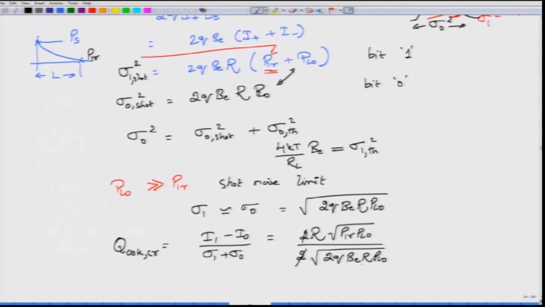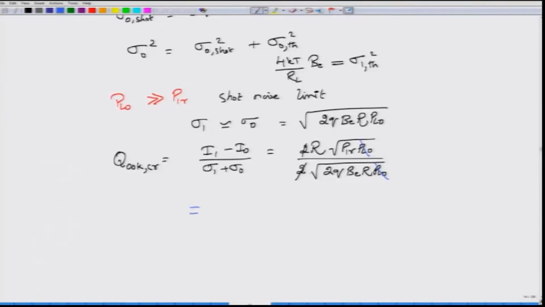You can clearly see that there is a square root of PLO in the denominator, which can be cancelled with a PLO in the numerator. Although PLO was used to establish the shot noise, it finally turns out that in the Q factor PLO does not make an entrance. Okay, so your results are independent of PLO as long as PLO is much larger than the received signal, so that both the photodiodes and the entire coherent receiver are operating in the shot noise limit.